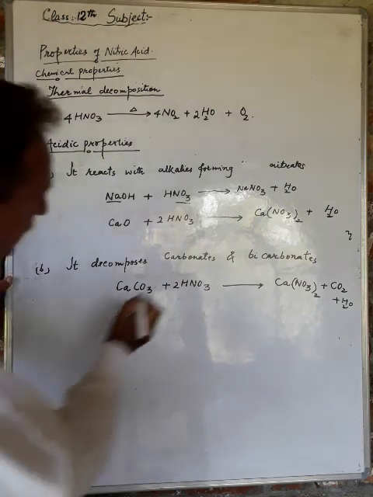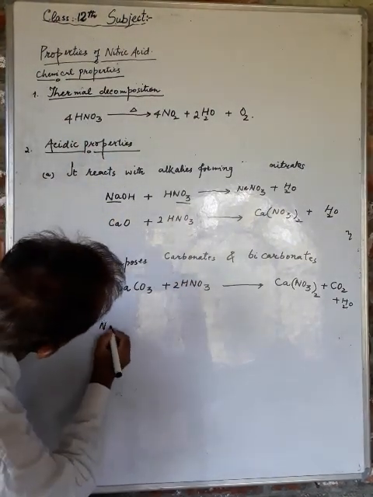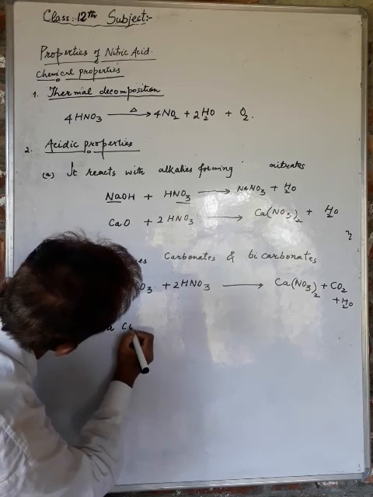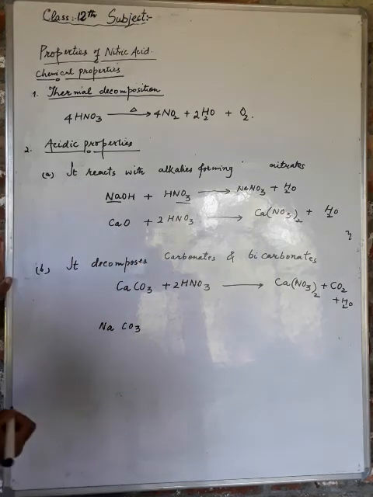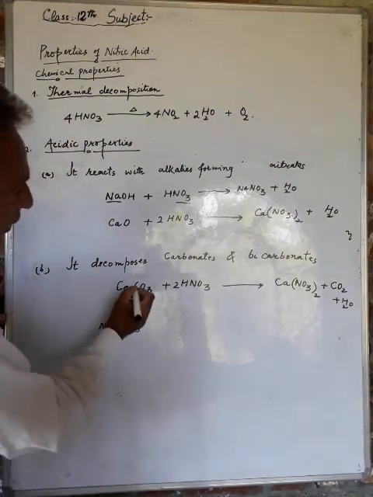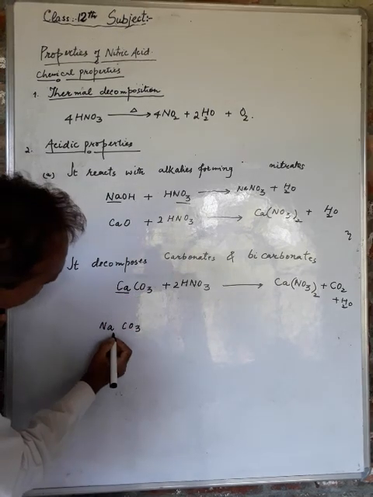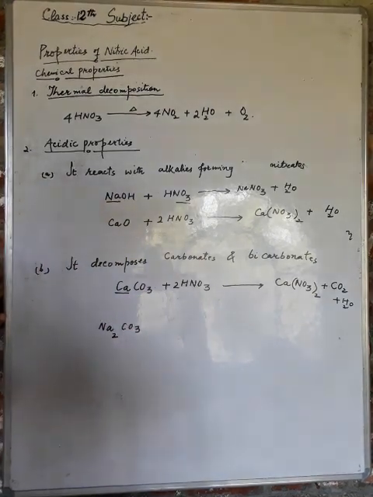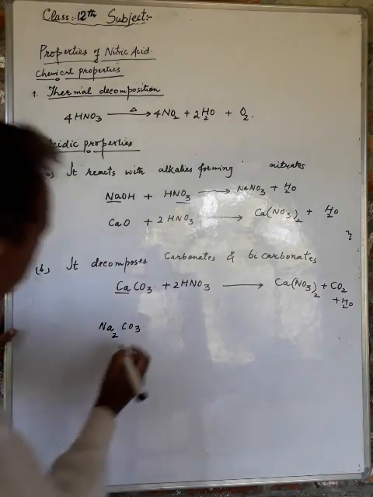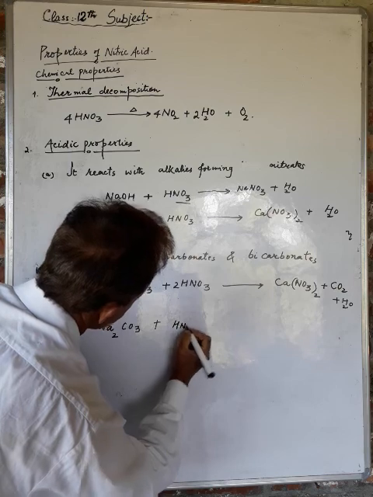Again, if we take sodium carbonate, Na2CO3, carbonate is in -2 oxidation state, so it is +2 and -2. So Na2CO3, sodium carbonate, plus HNO3.